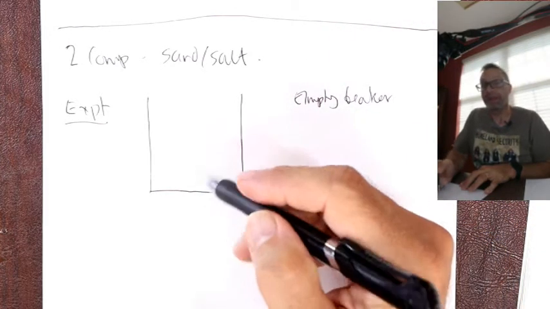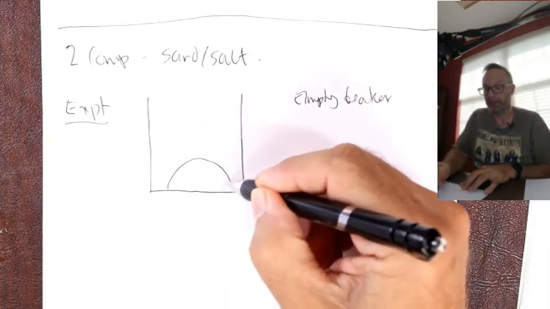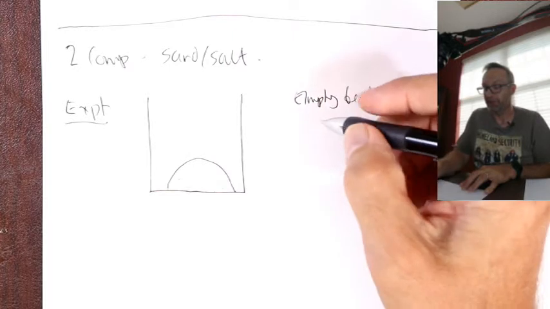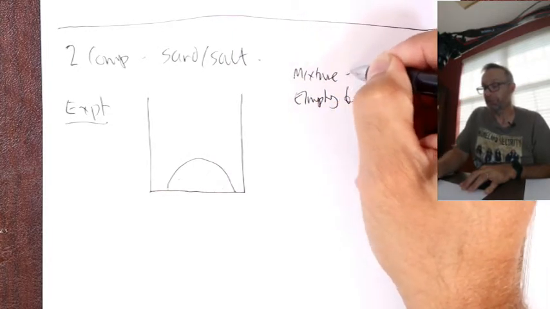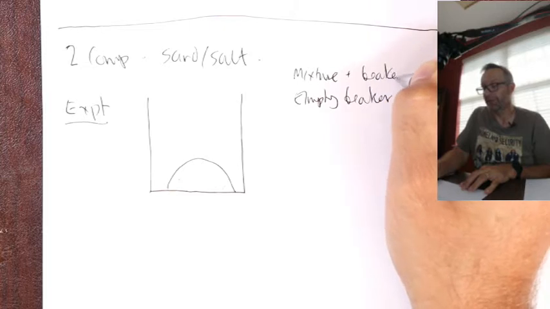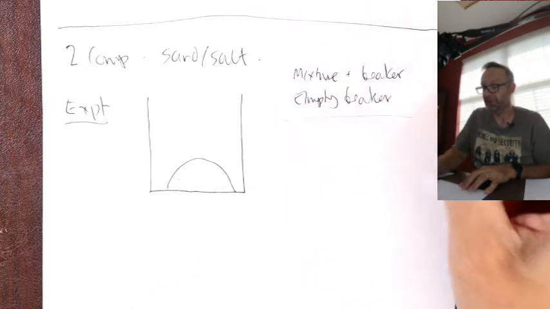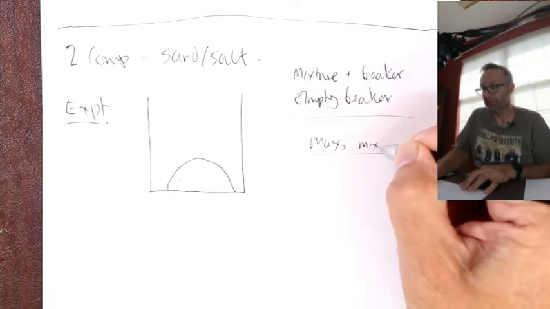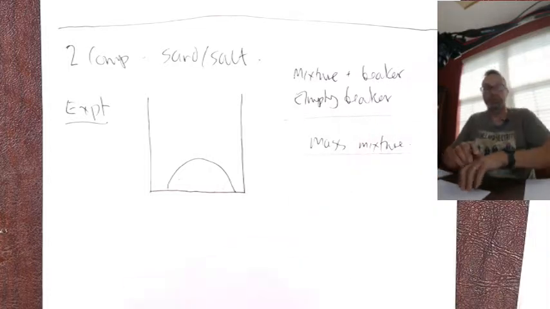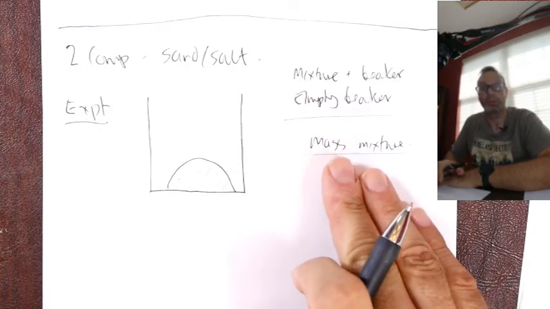All right, then off the balance, so we don't spill on the balance, we put all our mixture in there, right? And we get the mass of the mixture plus beaker. Oh, it's looking a lot like the density experiment, right? If you subtract those, what do you get? Mass of mixture. So the first port of call for any mixture analysis is finding the mass or weight of the mixture.